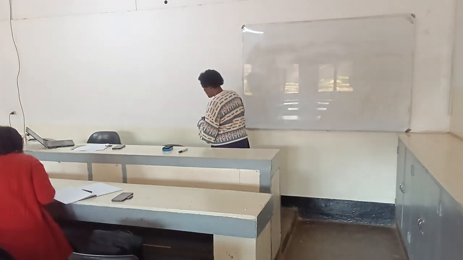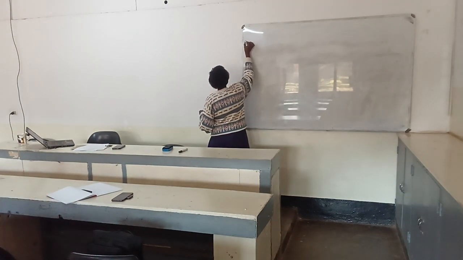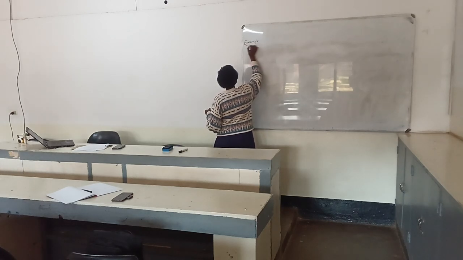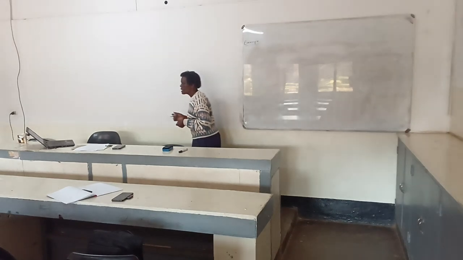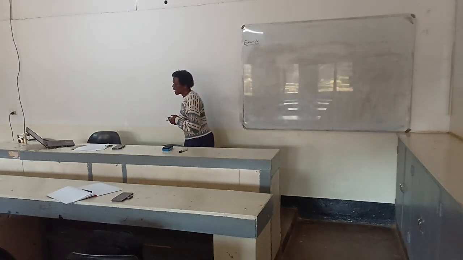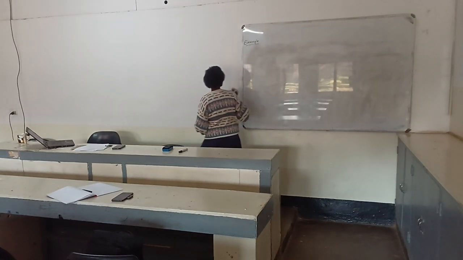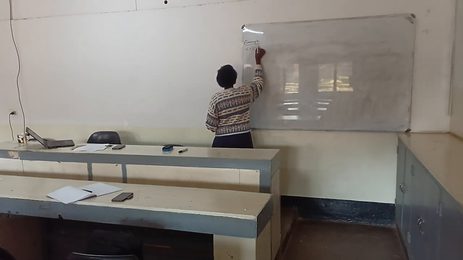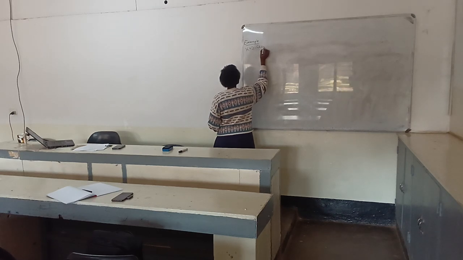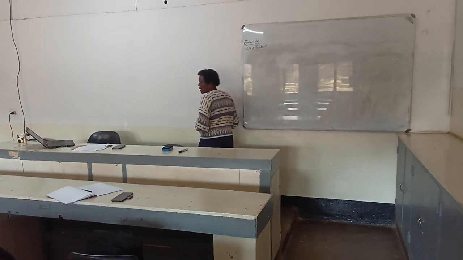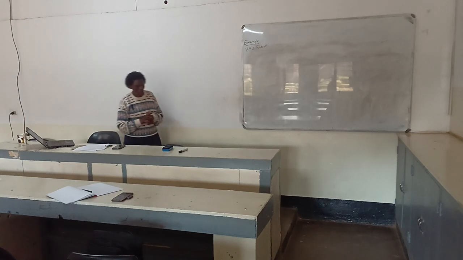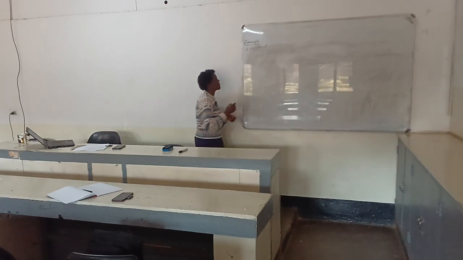So, example on presentation of financial statements. We have a group company, XYZ. As a group company, statement of financial position as at 31st December.